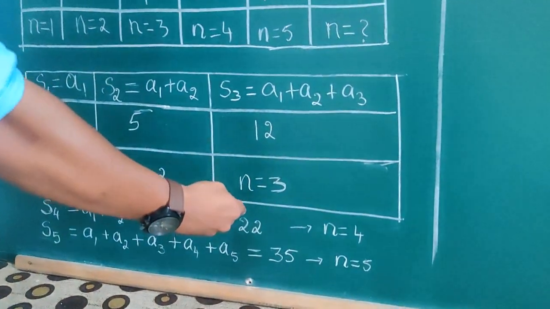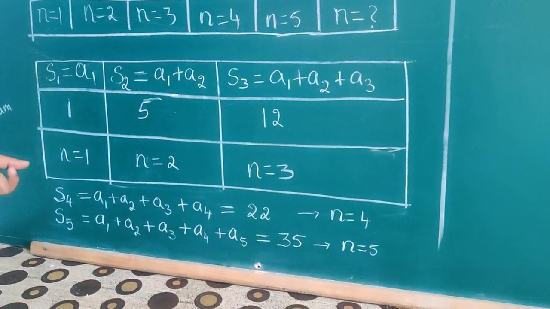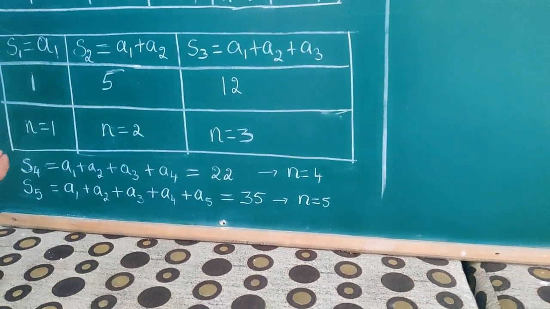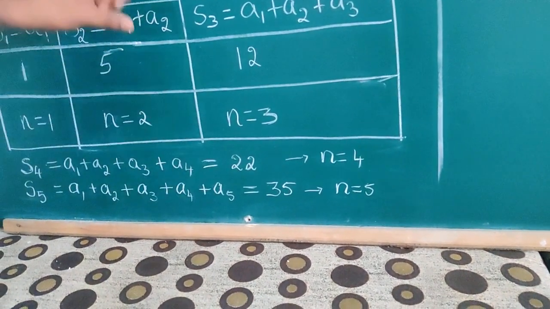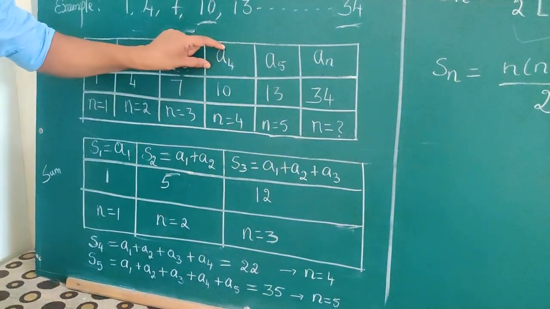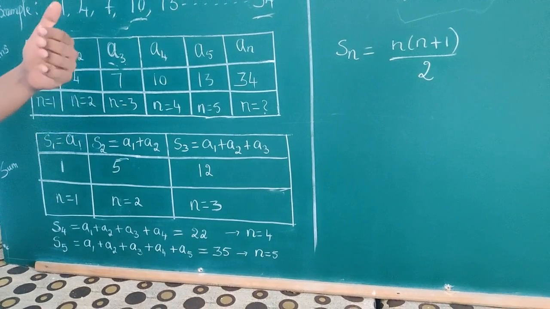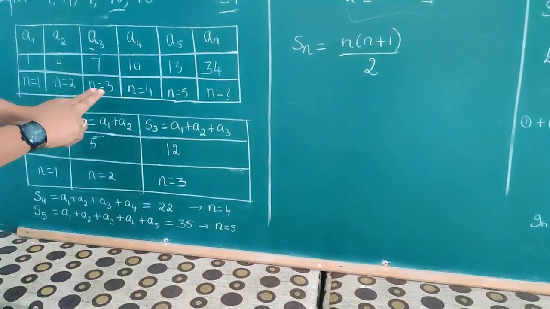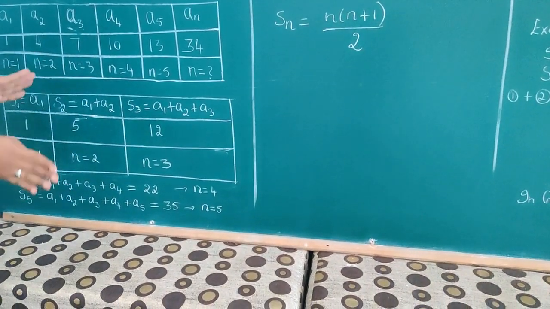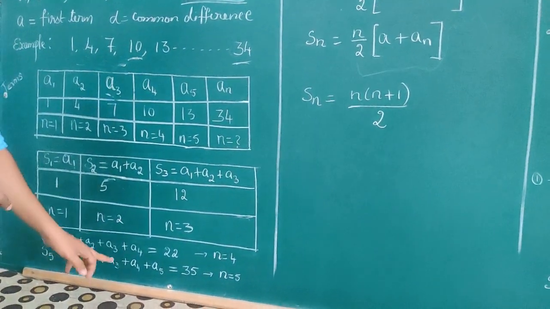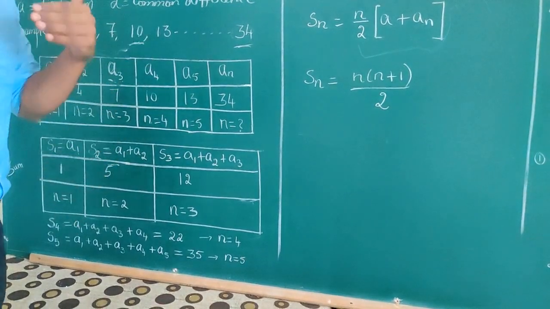After adding, it becomes 22. Now you see the difference. S4 is 22, but A4 is 10. A4 refers to the fourth term. S4 refers to the addition of four terms. In both cases the n value is the same, but here 10 is present at the fourth place, and here four terms are added.